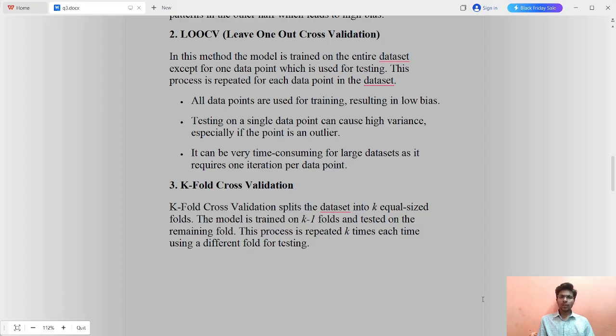All the data points are used for training, resulting in low bias. The drawback is that testing on a single data point can cause high variance, especially if the point is an outlier. It can be very time consuming for large datasets as it requires one iteration per data point.